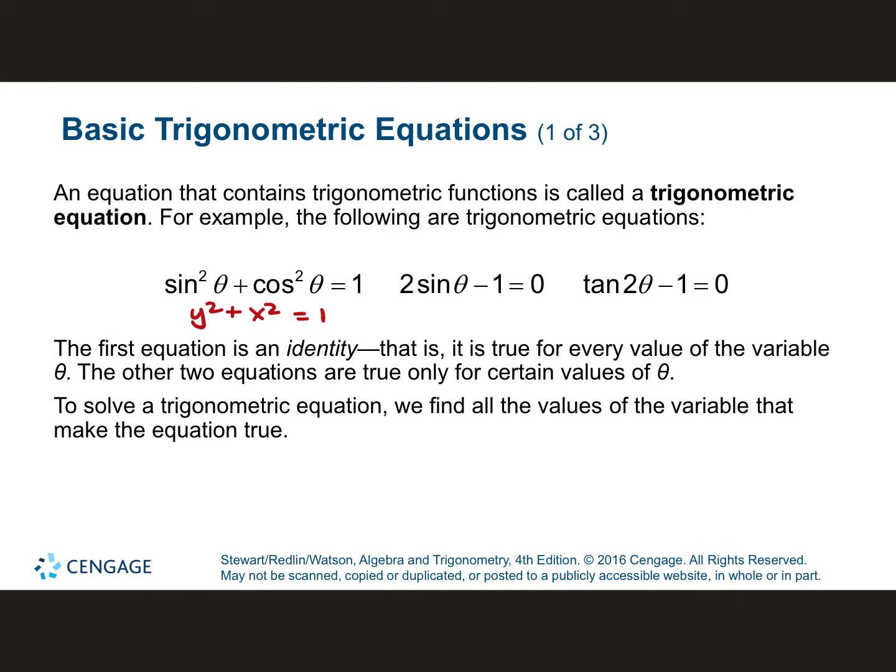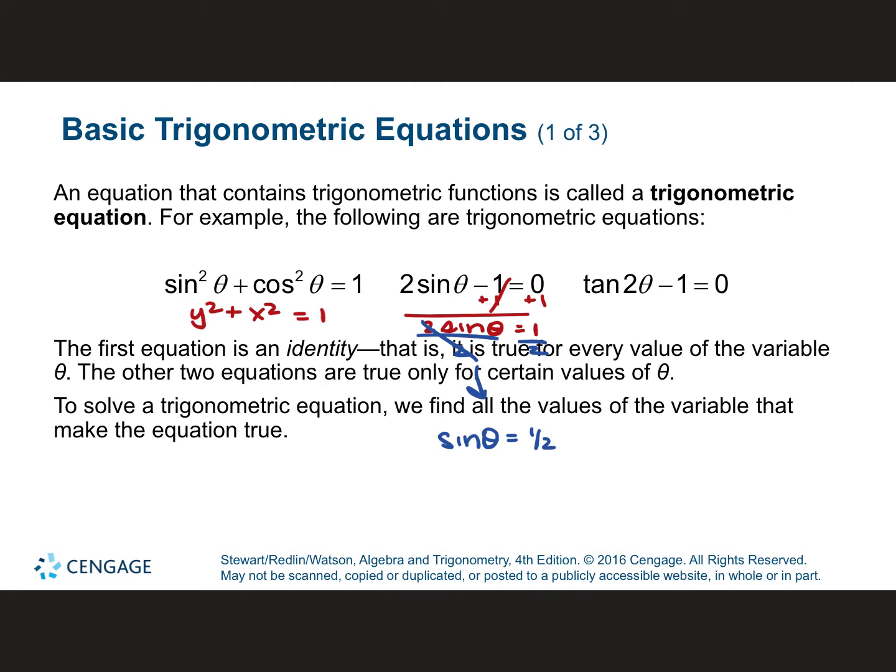For that 2 sine theta minus 1 is equal to 0, you can actually solve that equation for sine theta. By doing that, you would just add the 1 to both sides. You get 2 sine theta is equal to 1. Then you would divide each side by the 2, and you would have sine theta is equal to 1/2.